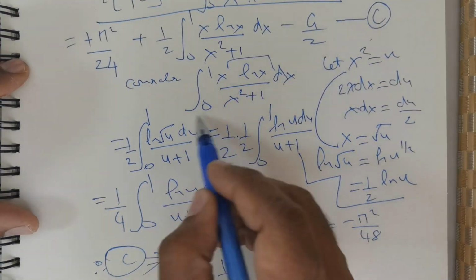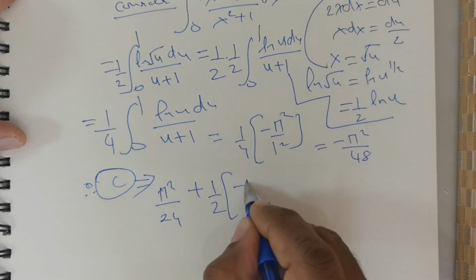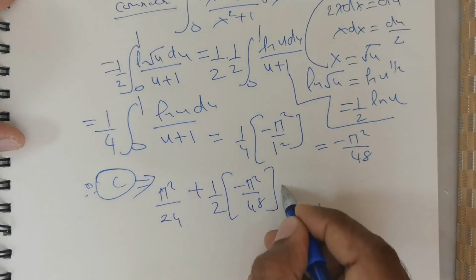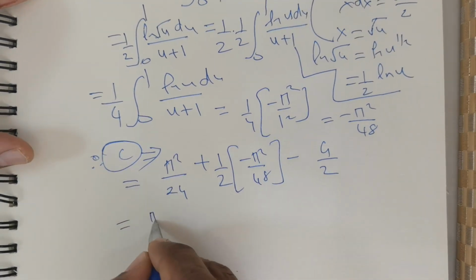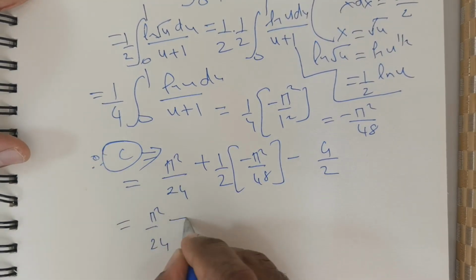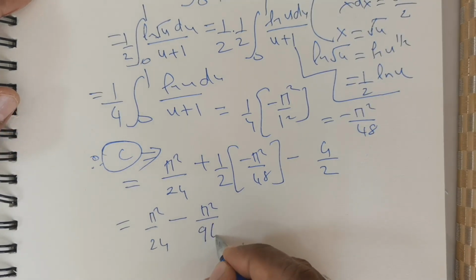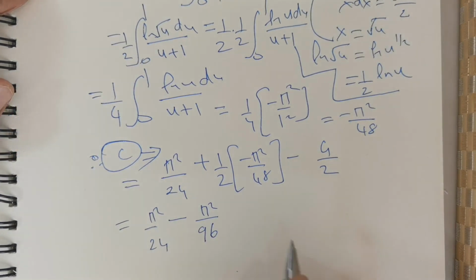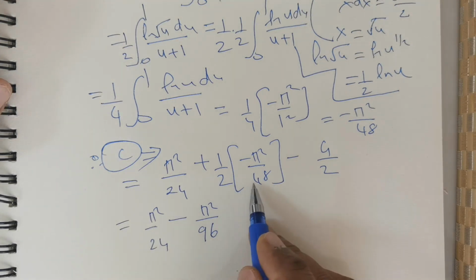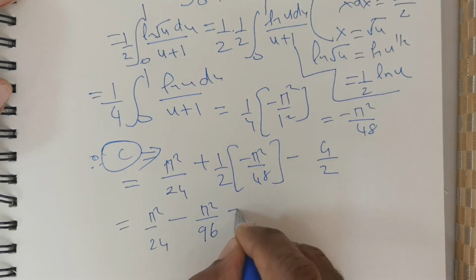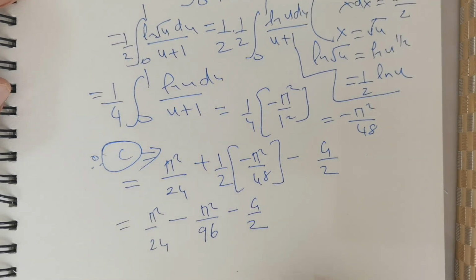Now we have evaluated this, which is equal to this negative pi squared over 48 negative g over 2. So this is equal to pi squared over 24 negative pi squared over 96. Right, 4 2s are 2 times 8, 16, 4 2s are 8, 96, negative g over 2. Right, this is what we have got.